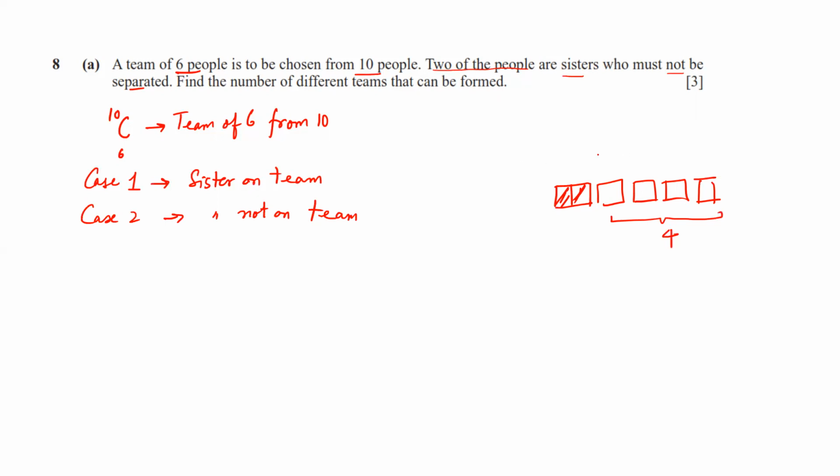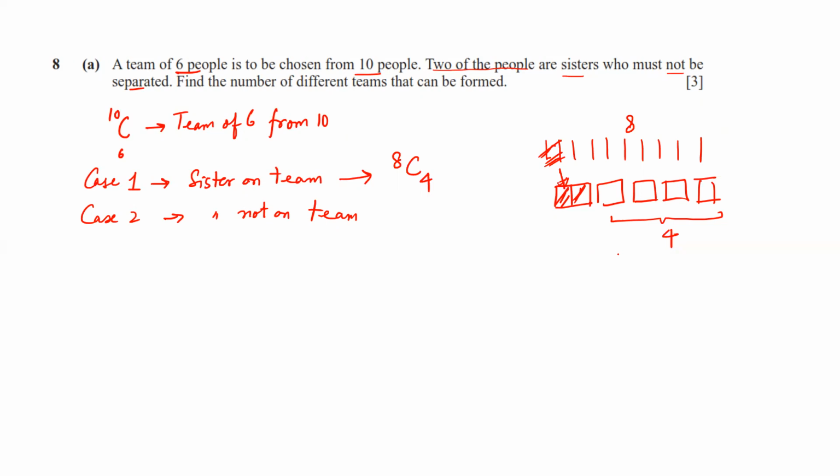How many people are we left with? We have a total of 10, so we are 2 short. Those 2 sisters are already on the team, so we are left with 8 people. So sisters on the team, our combinations will look like 8C4.